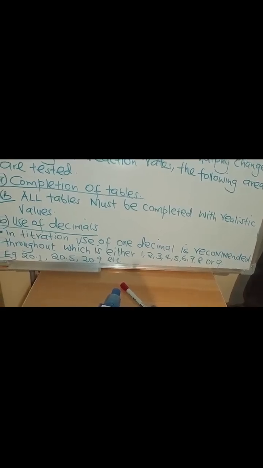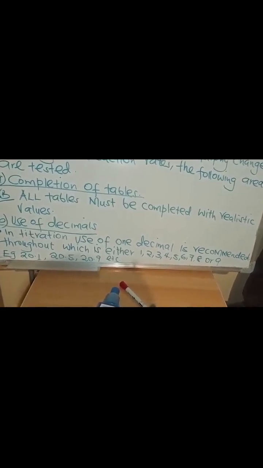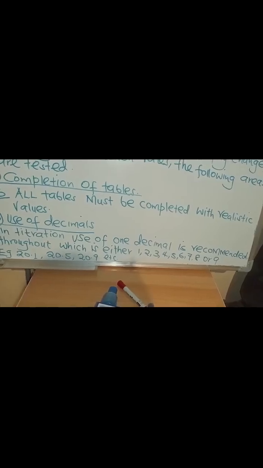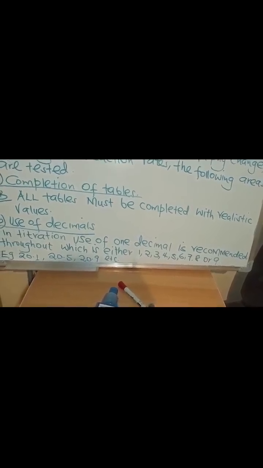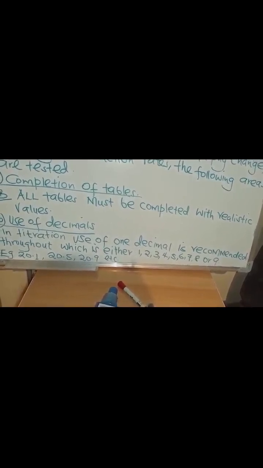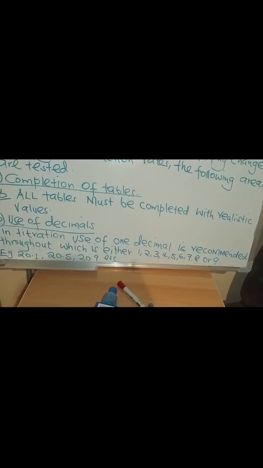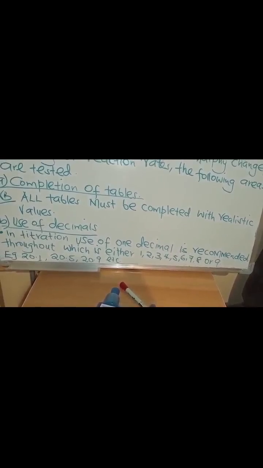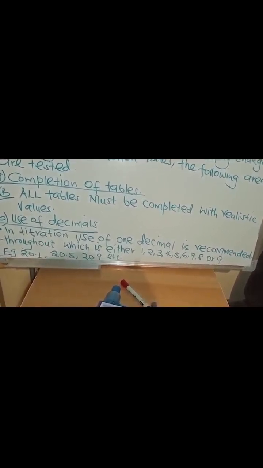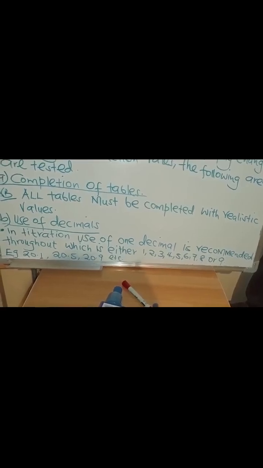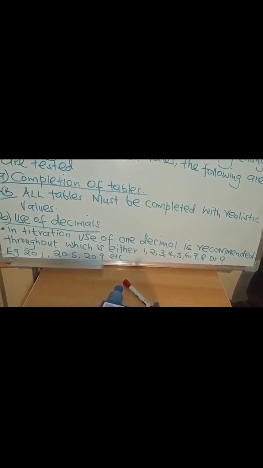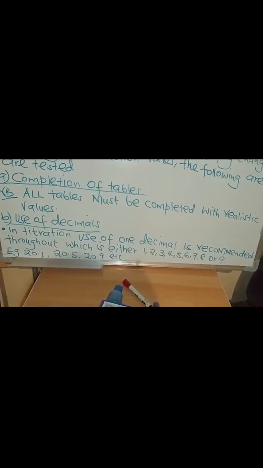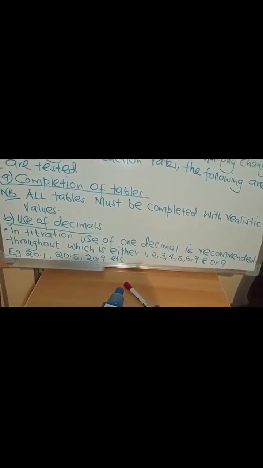For example, if your readings are between 20 and 21, you can have 20.1, 20.5, 20.2, 20.9, etc. So 1 decimal place is recommended, and you should have it throughout the table. A mixture of more than 1 type of decimal place finds you on a penalty.